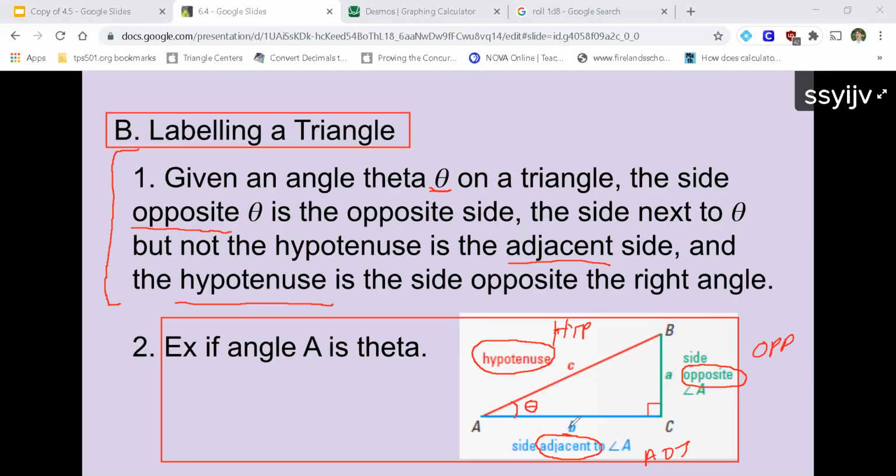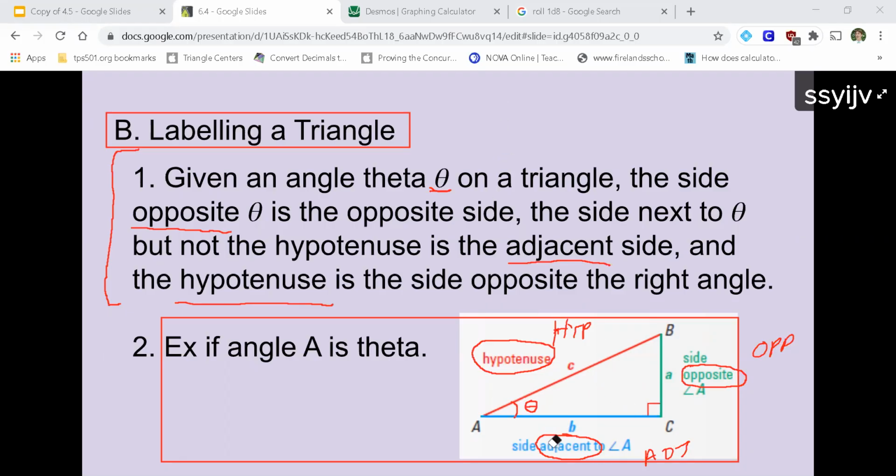And hopefully these labels make sense to you, why we label them the way they do. This side here, little a, we call the opposite side because it is opposite the angle, right?